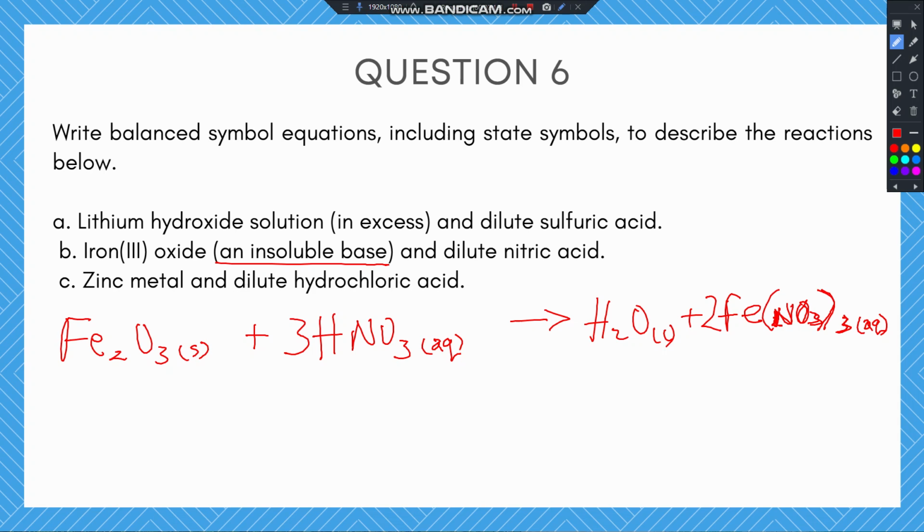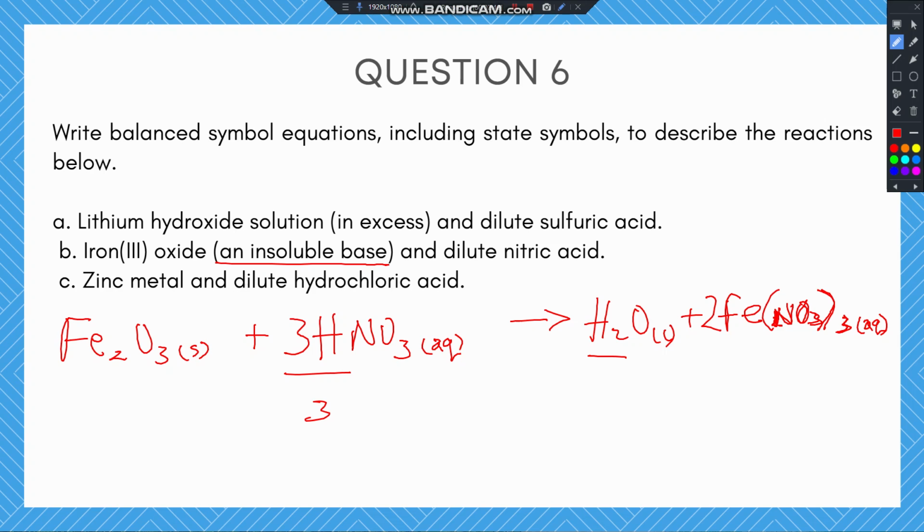Now let's check out hydrogen to see if hydrogen is balanced. On the left hand side we have 3 atoms of hydrogen, and on the right hand side we have just 2 atoms of hydrogen. So how do we balance it? We can balance hydrogen by making the number of hydrogen atoms on both sides equal.